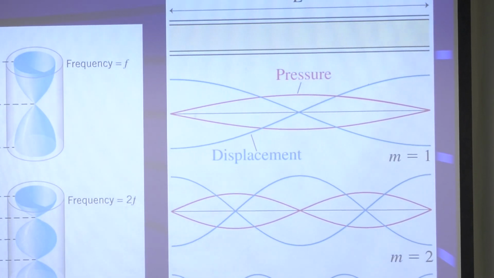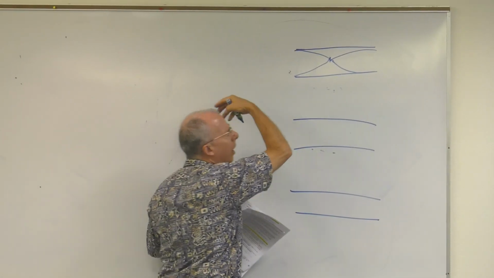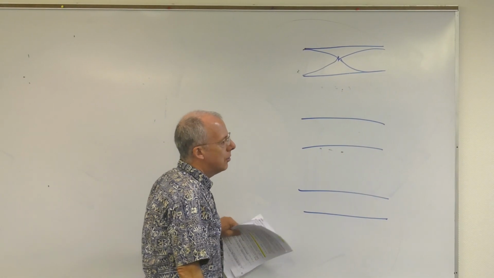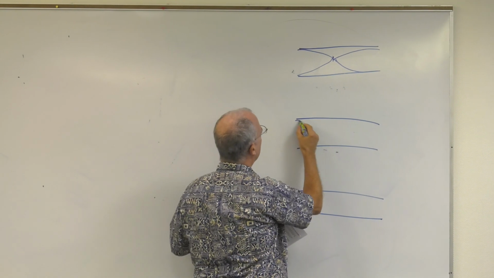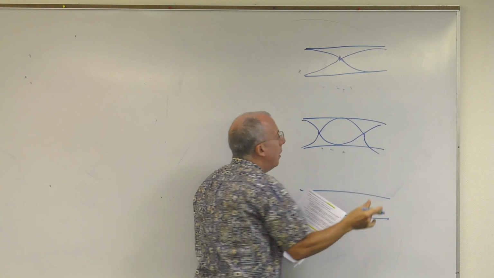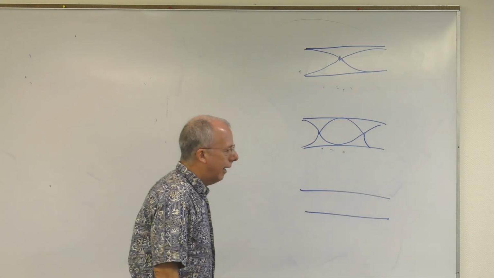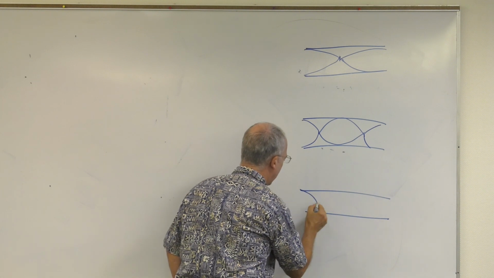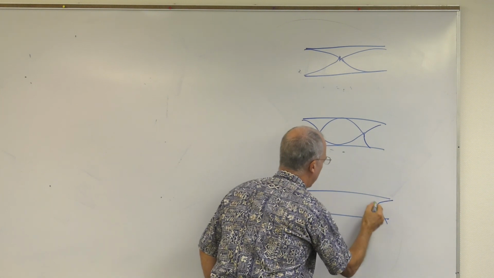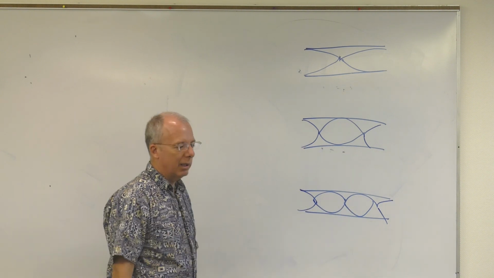For the next one, again, you want to fit the smallest number of wavelengths you can. So here, you're going to go like this, and then like that. Because what else can you do? You can't get any smaller. And then the next one's just a total disaster, right? So you have 1, 2. And you can just keep going.